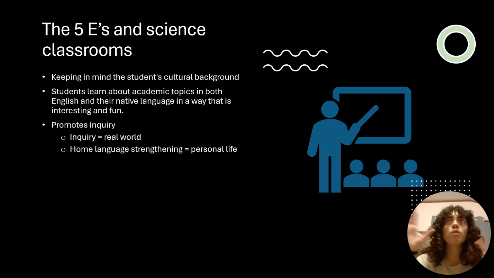Before the lesson, I could have the words already set up. I could have a chart already made. Once we're going through our engage and explore part, I just hang up these charts, one with vocabulary words in English, the other with vocabulary words in Spanish, and the students are able to create that connection.